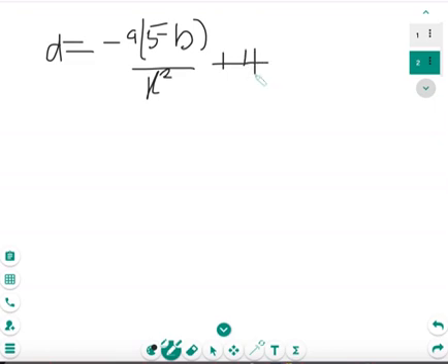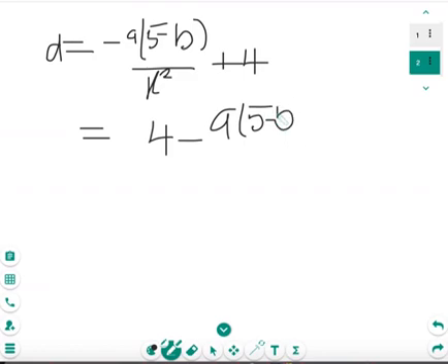You can rearrange this whole thing to get d equal to 4 minus a into brackets 5 minus b all over k squared.